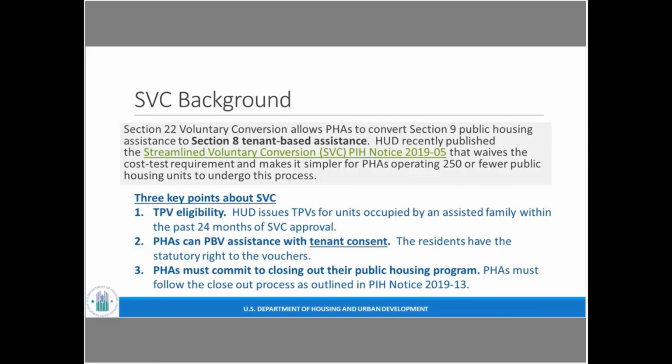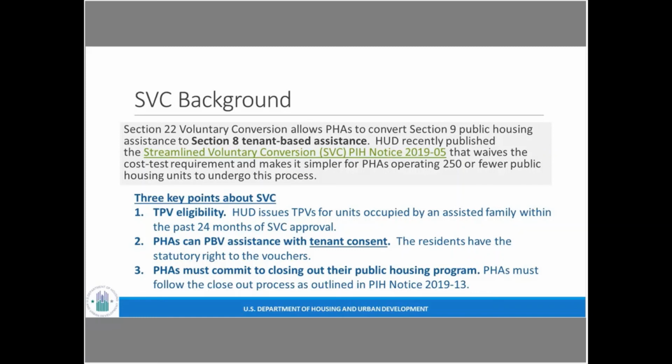Does that clarify? Right. I also want to emphasize that there's two things going on. One is the TPV award that the Housing Authority is eligible for. So a Housing Authority is eligible to receive TPVs for any unit occupied by an assisted family within the previous 24 months, even if the families occupying those particular units might not be eligible for the tenant protection voucher themselves.